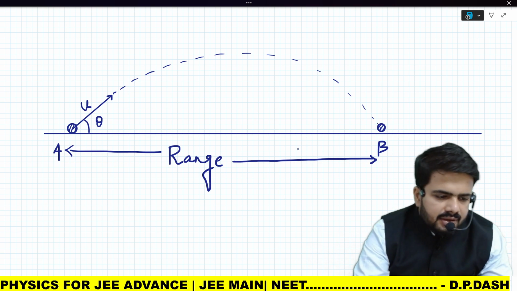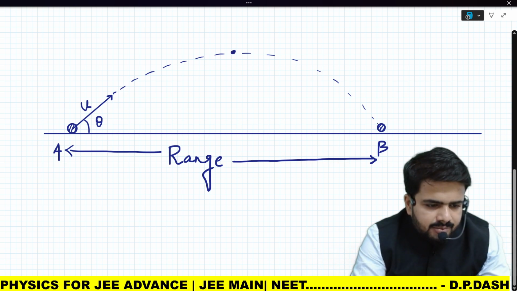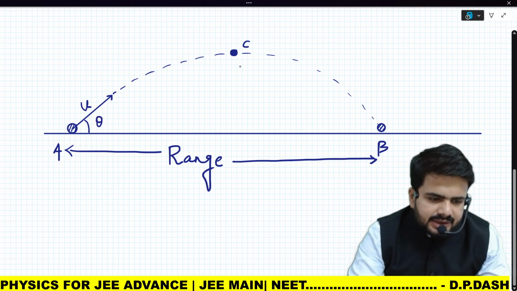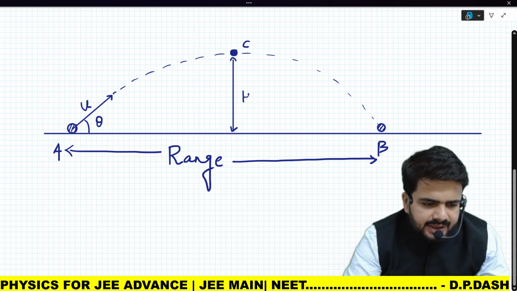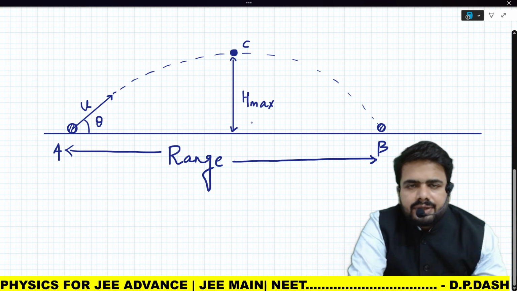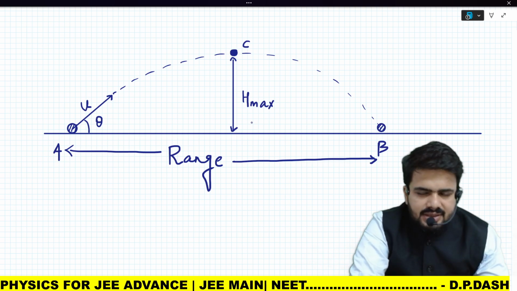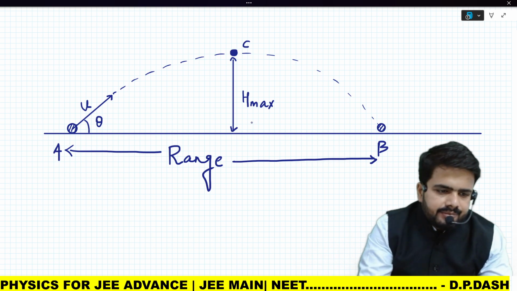Similarly, you can see that at this point the projectile will be at maximum height. Let us consider this to be my point C, and the height covered here we will term H max, the maximum height. We are also going to find the mathematical formulas for these parameters and their interrelations.